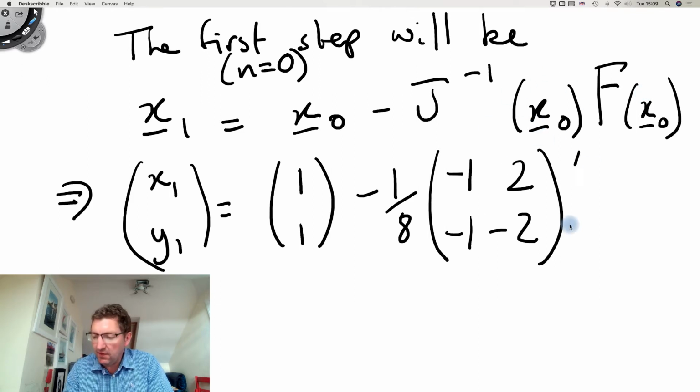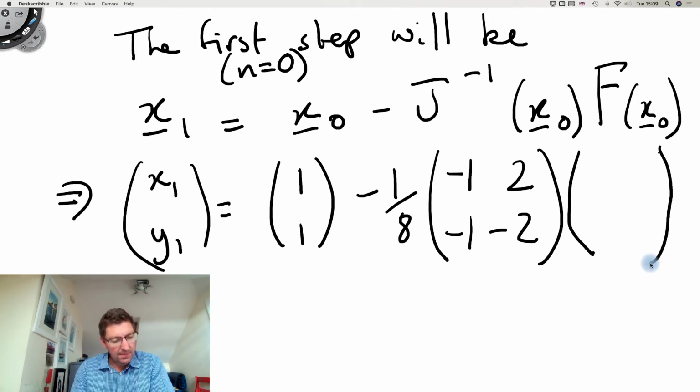And then we have the values of f and g at x0. The value of f is 7, putting x equals 1, y equals 1 into that formula, you get 9 minus 1 minus 1, which is 7. And if you put 1 and 1 into g, you get 1 minus 2 plus 2, which is 1.